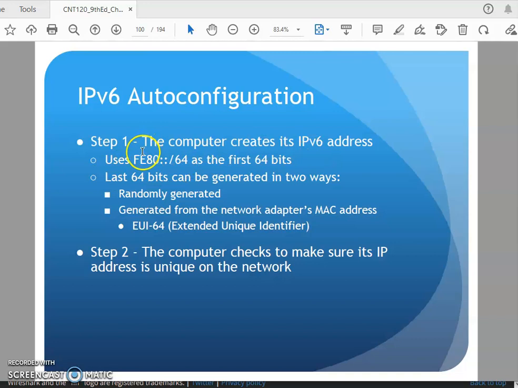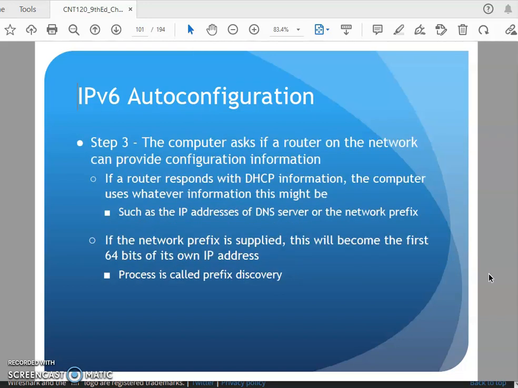It uses the FE80 prefix, and that handles the first 64 bits. The remaining 64 it either randomly generates or generates using the unique portion of the MAC address. It then checks to see if the address is unique on the network. And if it is, it asks the router, hey, can I use this, and can I get any more information from you, like gateway and that sort of thing.